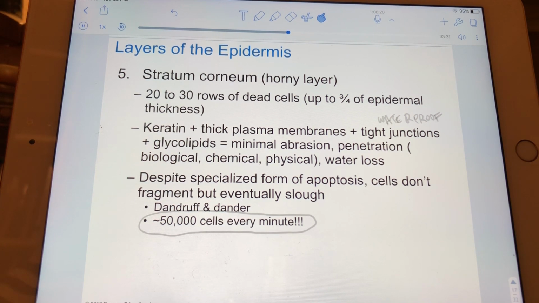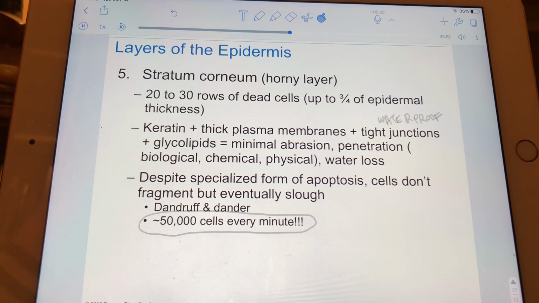So all dead, but still very functional. When keratinocytes fill with keratin, they don't lose that keratin when they die. They stay more or less intact and full of keratin. So they end up being sort of like flakes that are made out of keratin.